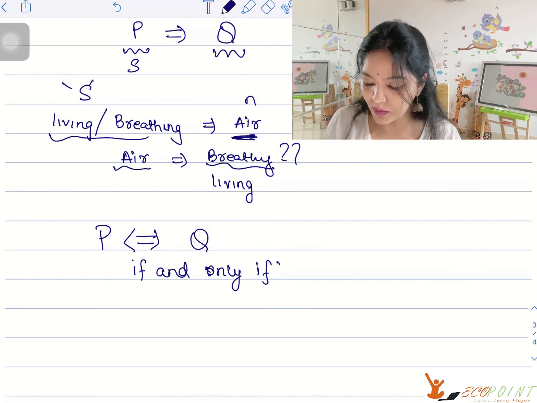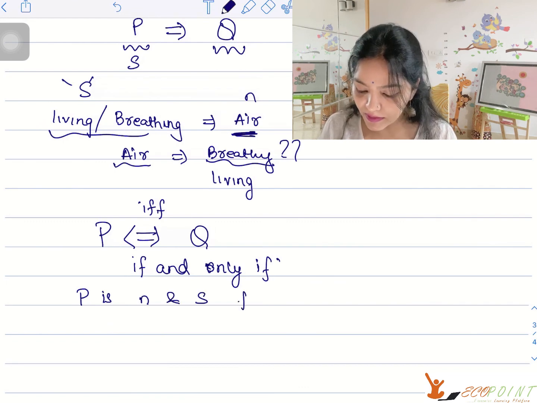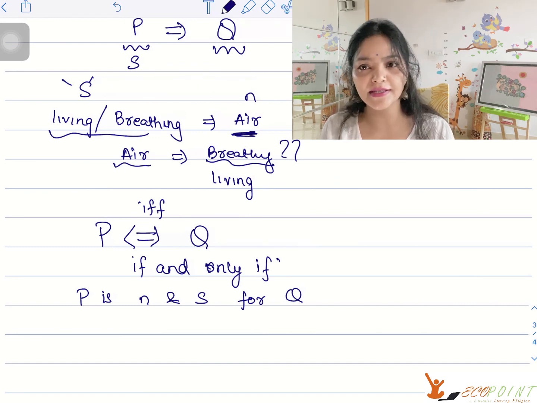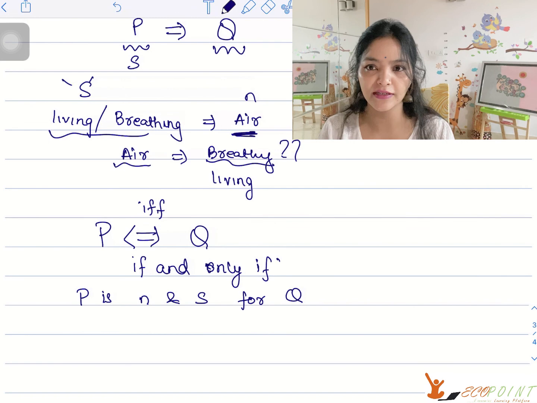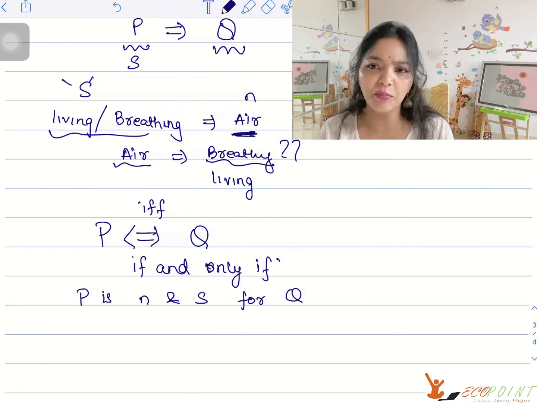It's also written as IFF, if and only if, which is basically equivalence. This basically means P is necessary and sufficient for Q. If P is necessary and sufficient for Q, Q is also necessary and sufficient for P. That is why this is an equivalence relation. So when equivalence is there, it's simple for you to prove.